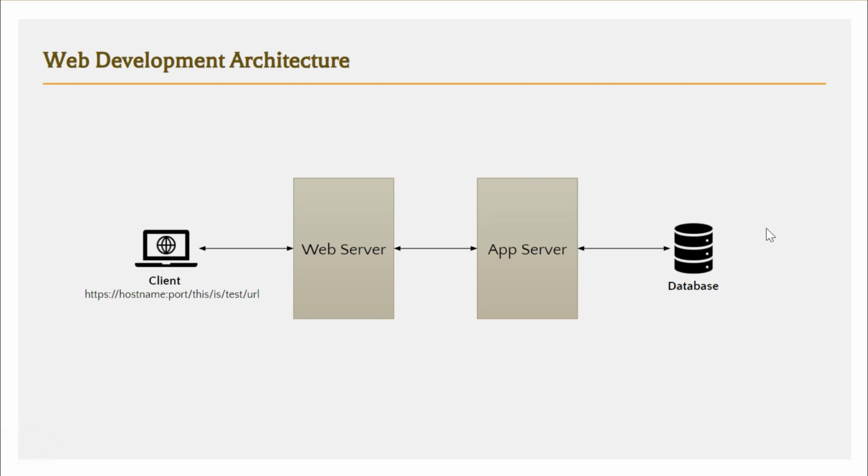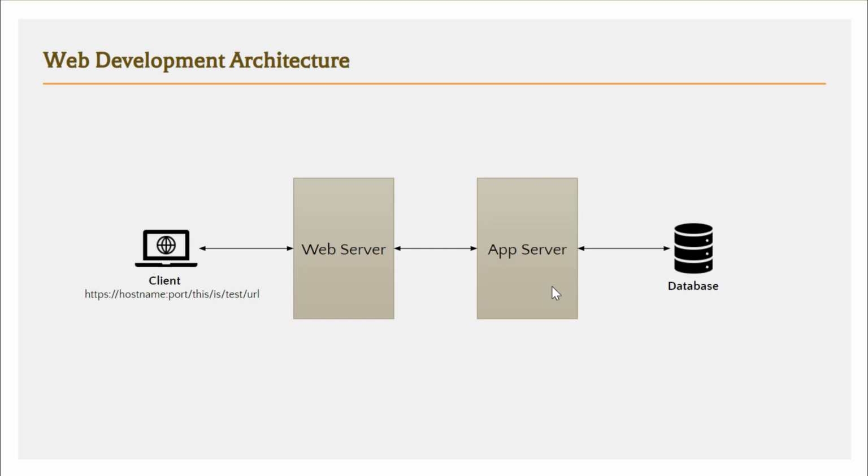So this is how the general web application architecture works. The main parts here are the web browser, web server, app server, then the framework, and then the database. These are the main parts which are involved.